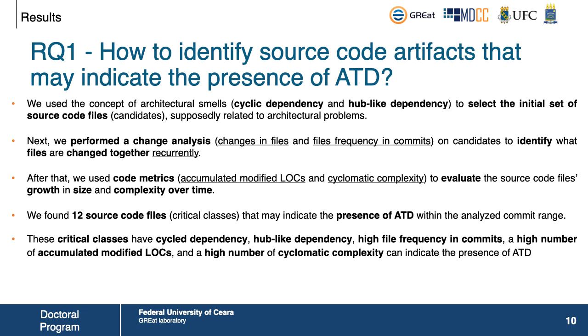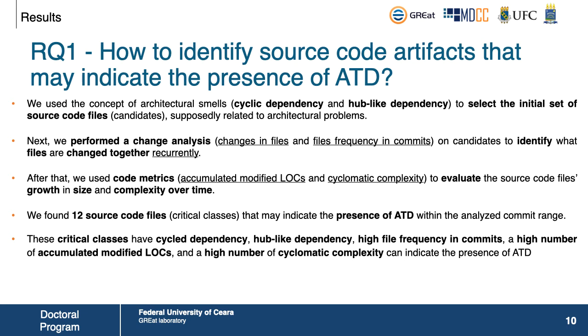Next, we performed a change analysis on the candidates to identify which files are changed together recurrently. After that, we used code metrics to evaluate the source code files' growth in size and complexity over time. Finally, we found 12 source code files, called critical classes, that may indicate the presence of ATD in the analyzed commit range.